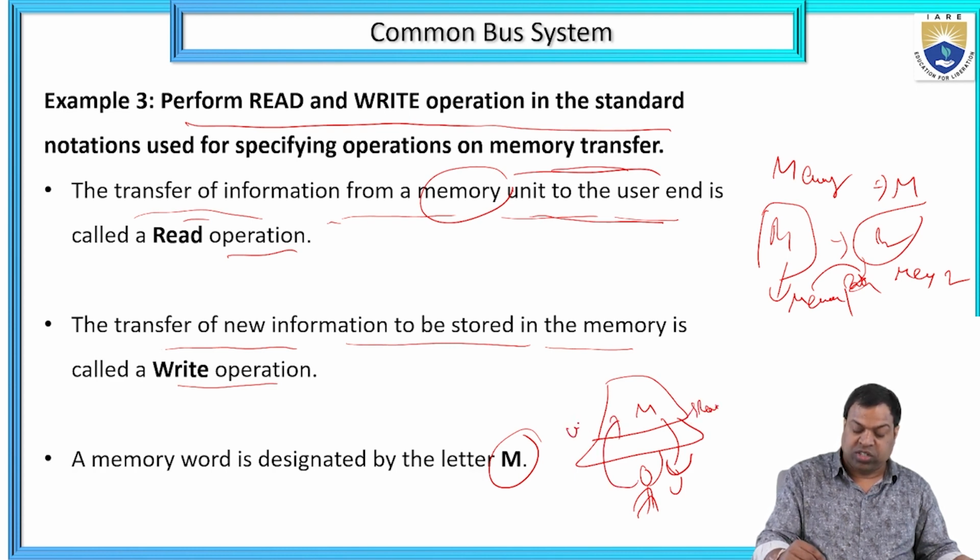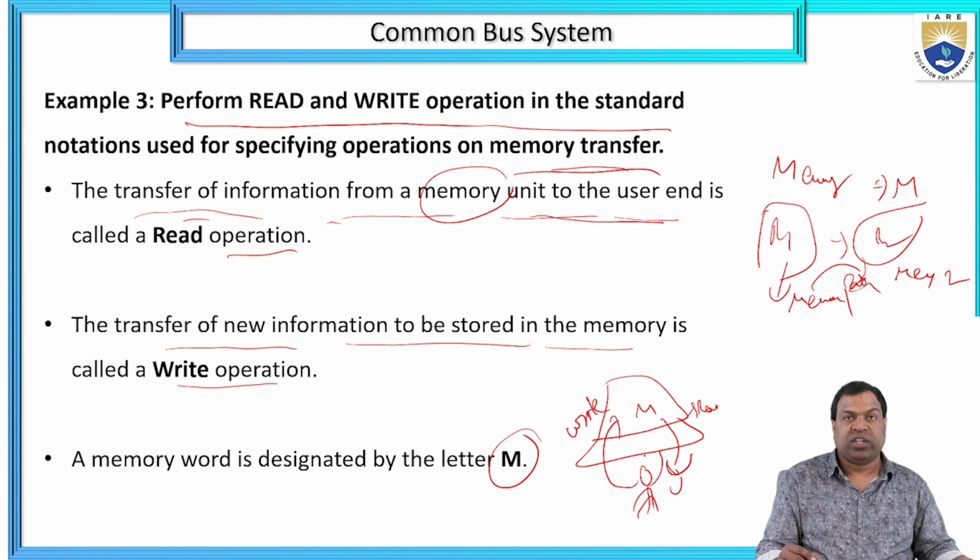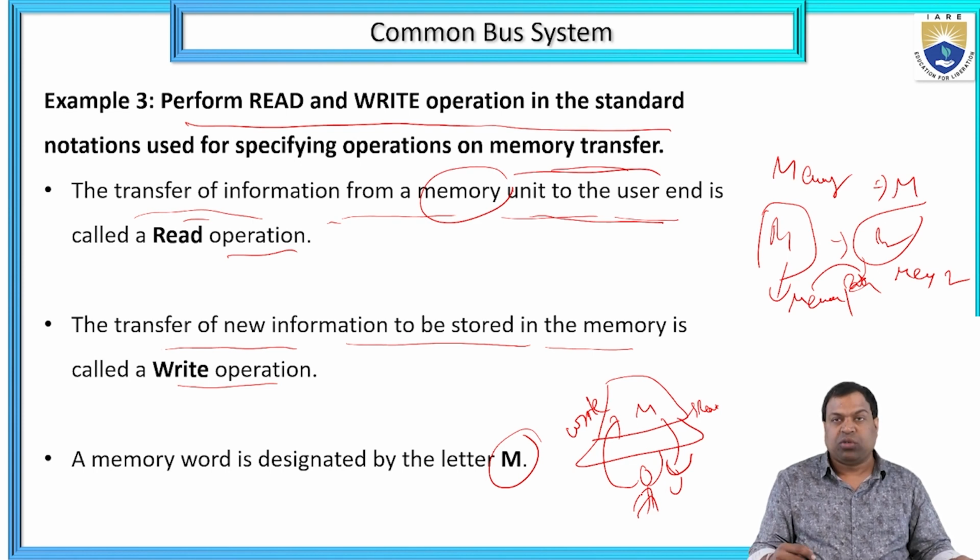User to memory is called a write operation. When the user is entering information into the computer, that is a write operation. When the user is getting information from the computer, that is called a read operation. From the computer, read; to the computer, write operation.